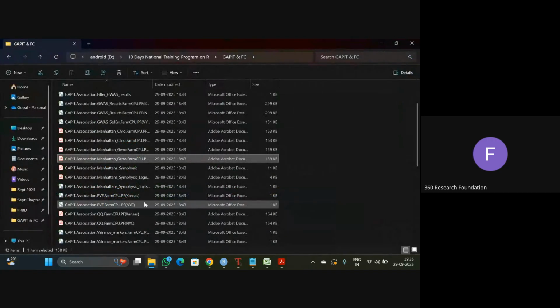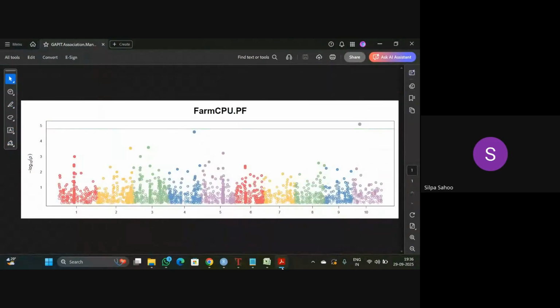Simultaneously, I will open the Q-Q plot. Can you please explain again this Manhattan plot? Are these observed or expected p-values? Which are these? Expected. Expected or observed?